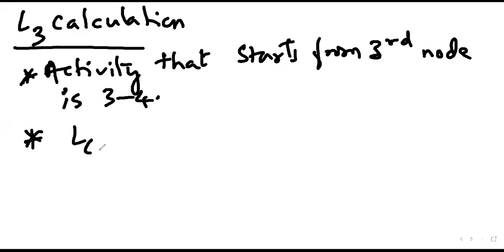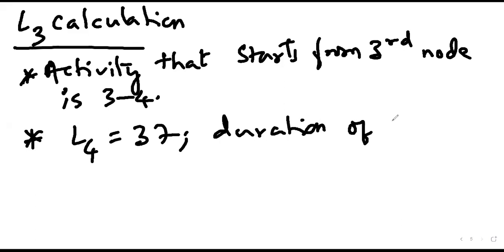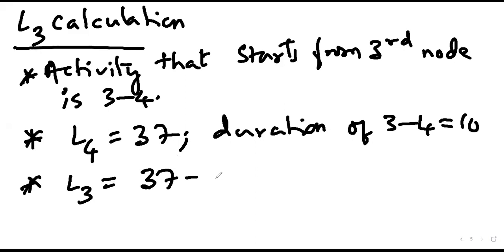So what is L4? 37. And the duration of 3-4? 10. Okay. So what should be L3? 37 minus 10, which is equal to 27. That's right.